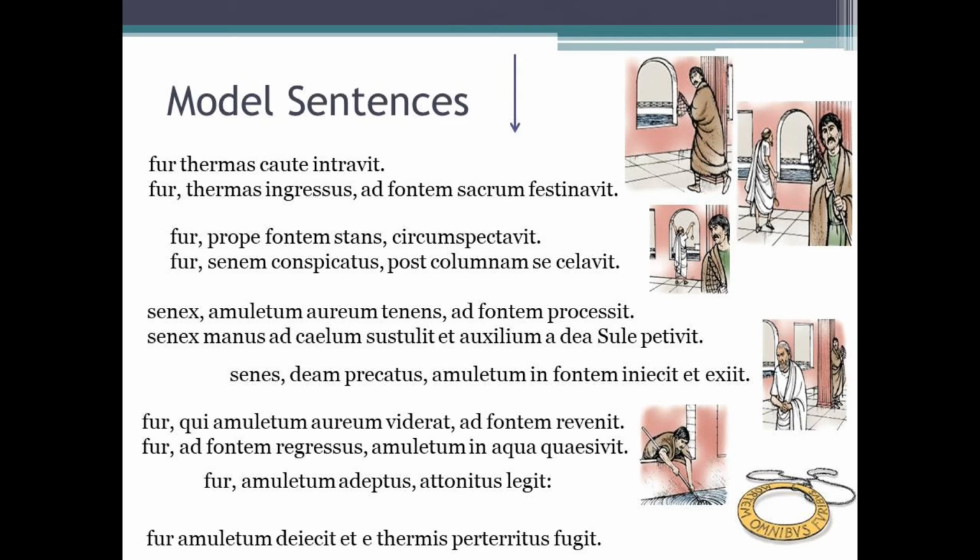Fur amuletum adeptus attonitus legit. The thief, having obtained the amulet, read it astonished. Fur amuletum deiecit et e thermis perterritus fugit. The thief threw down the amulet and fled out of the baths, terrified.